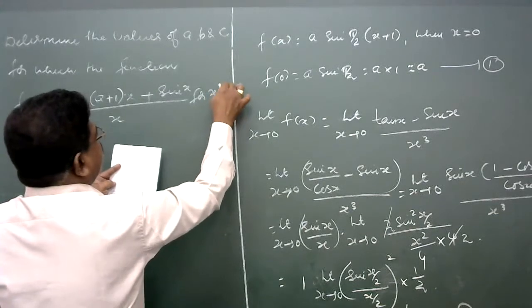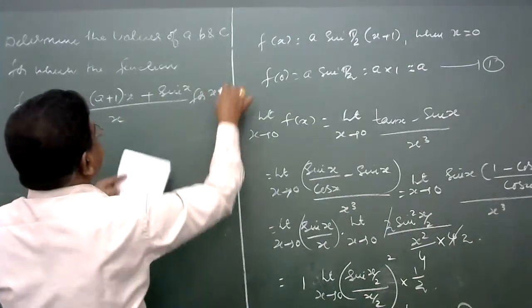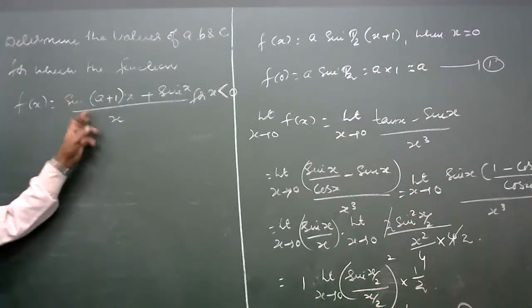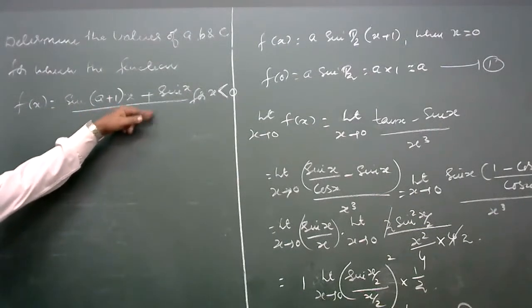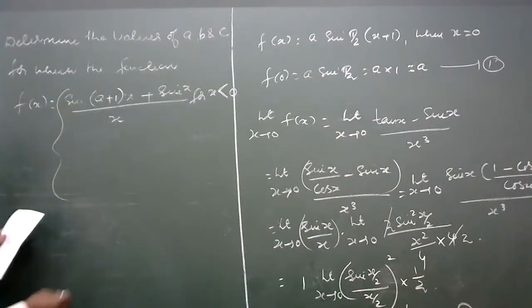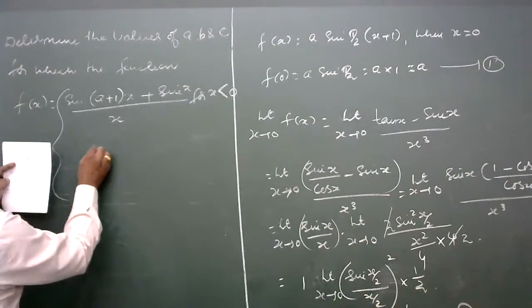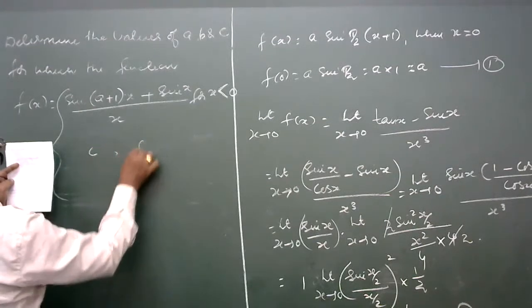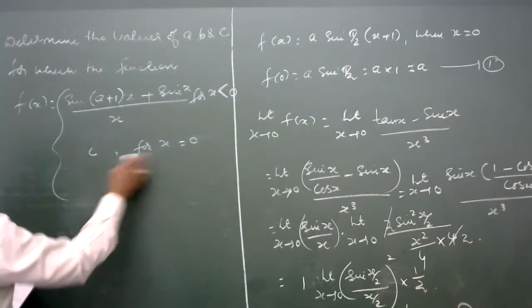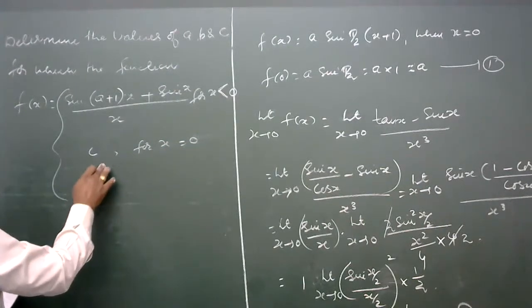Left limit, when x is less than 0, the function is defined as sin of (A plus 1)x plus sin x whole upon x. And that is equal to C for x is equal to 0. That means the function is defined at x is equal to 0.